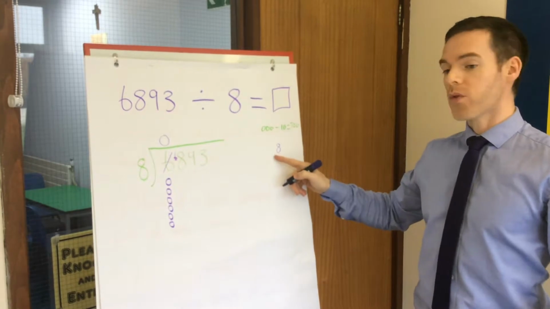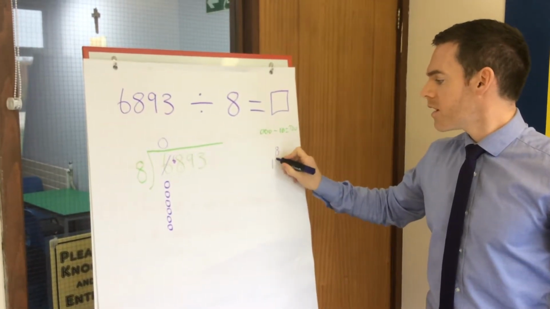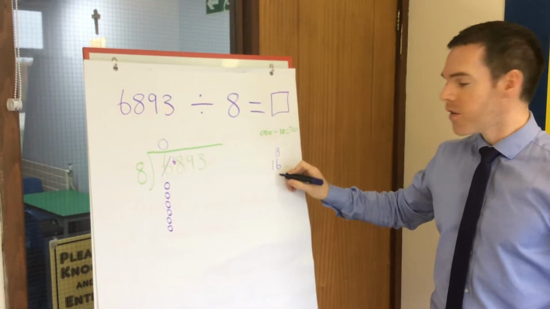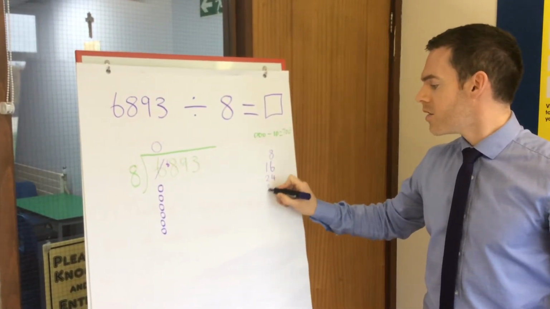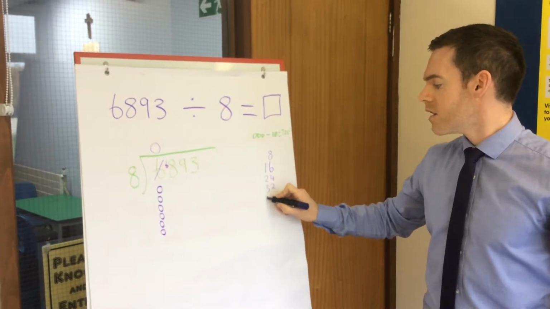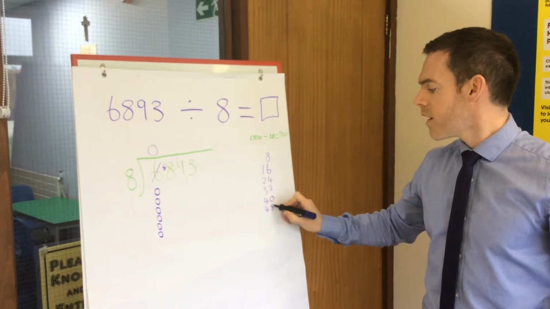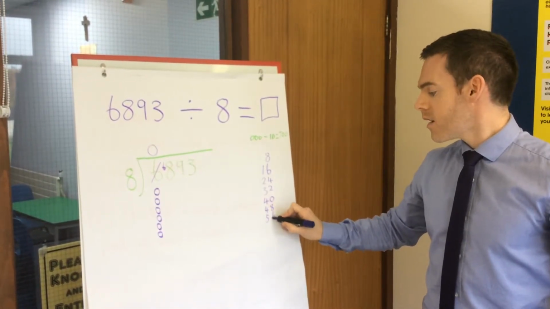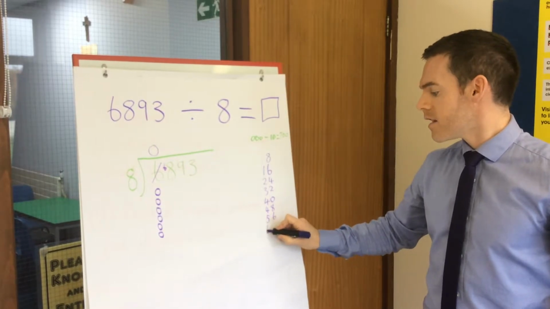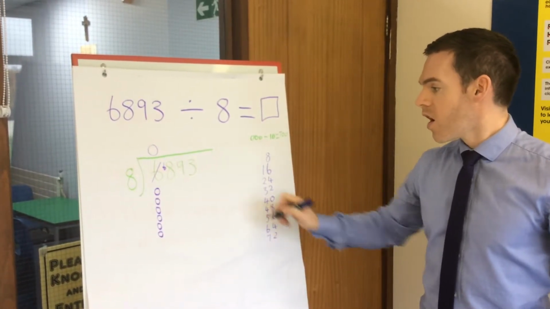So I'm going to carry on my groups of 8. I've got one group of 8 is 8, two groups of 8 is 16, three groups of 8 is 24, four groups of 8 is 32, 5 groups of 8 is 40, 6 groups of 8 is 48, 7 groups of 8 is 56, 8 groups of 8 is 64, and 9 groups of 8 is 72.